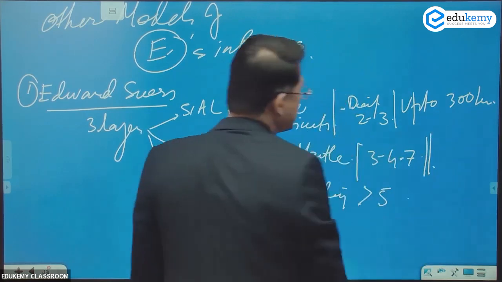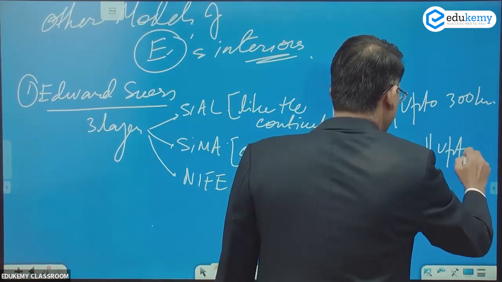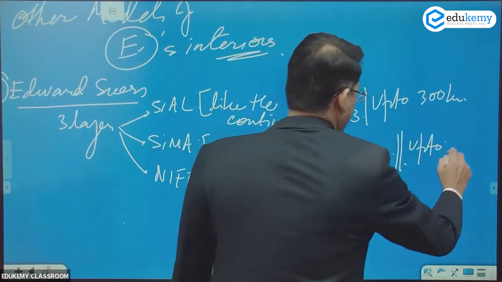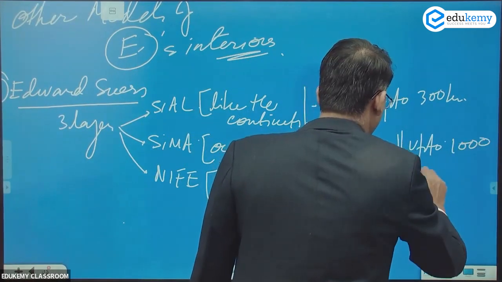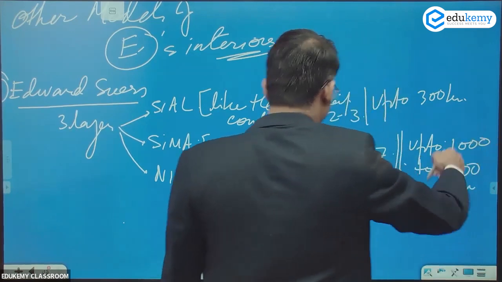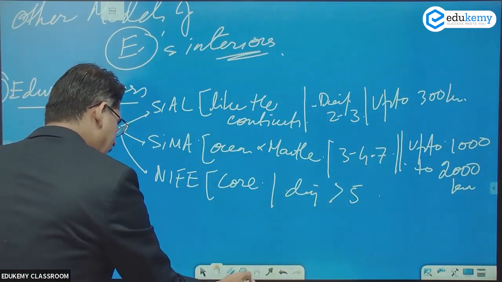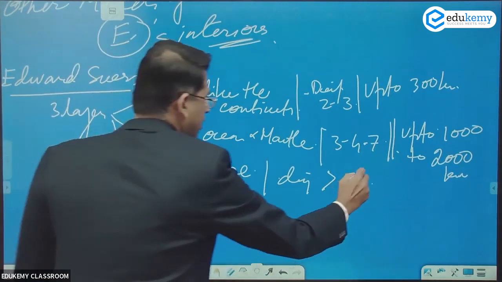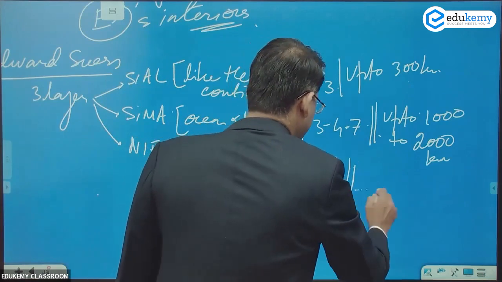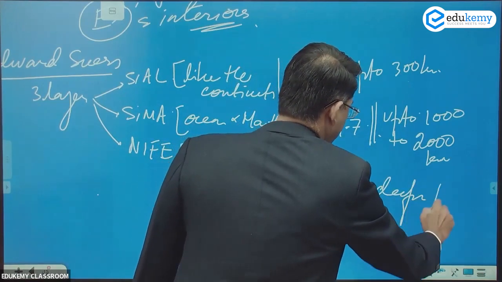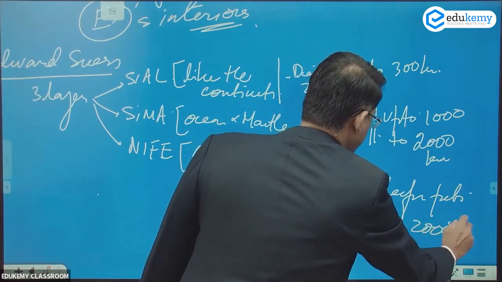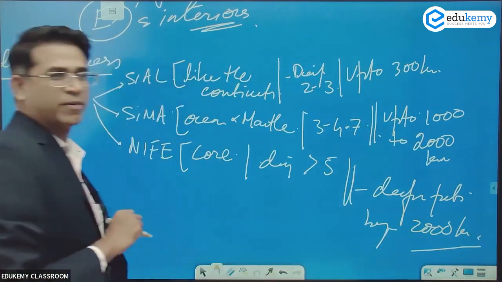He said the Sima is up to 1,000 kilometers, with variations of 1,000 to 2,000 kilometers in the Sima. And the deeper parts are beyond 2,000 kilometers.